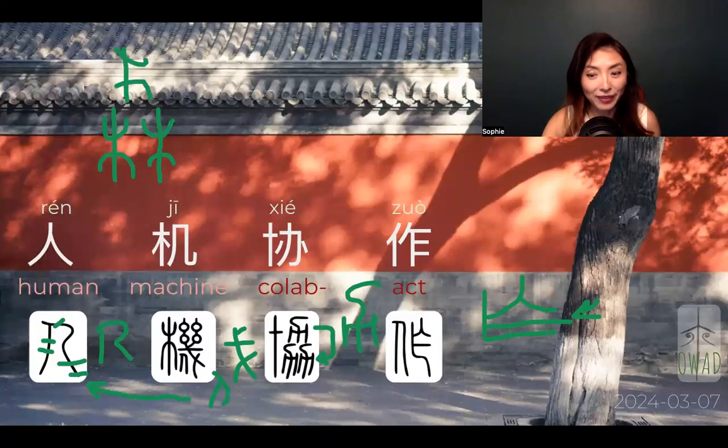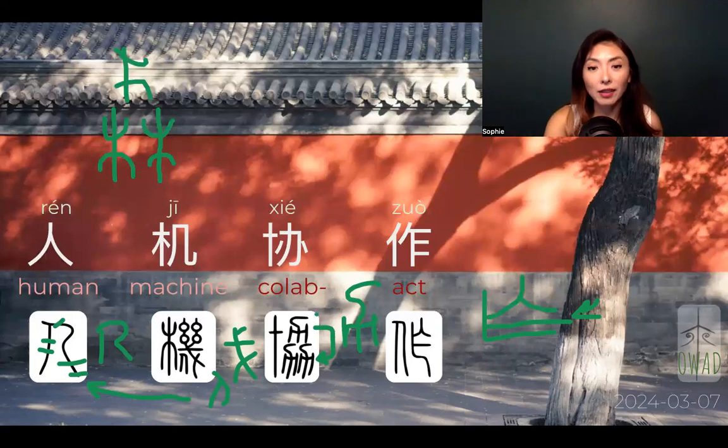They move, they do things, they act, right? And this, paired with this human figure again here, simply means act, means you're moving. Because I guess human nature is that we are mobile and we keep moving, keep changing, right? So when you're above ground, when you still have time on your hands, you can still do things. That's what people do, they act. So together, collab, act. 协作 means collaboration.